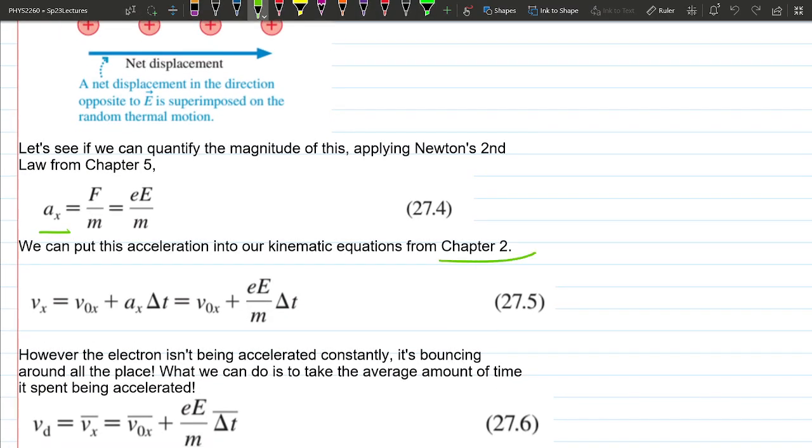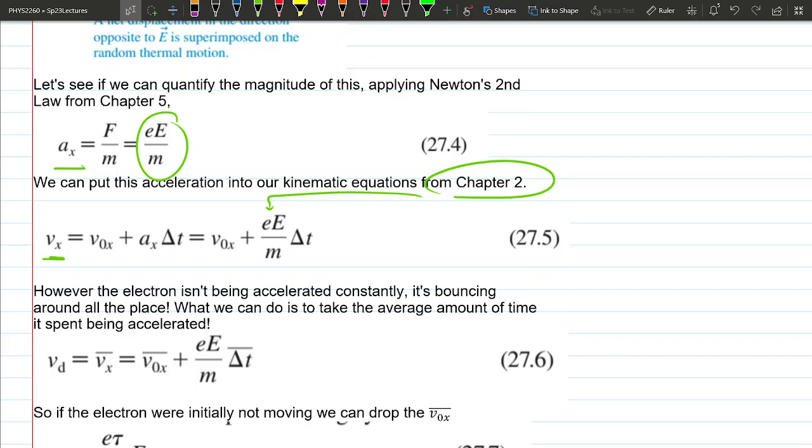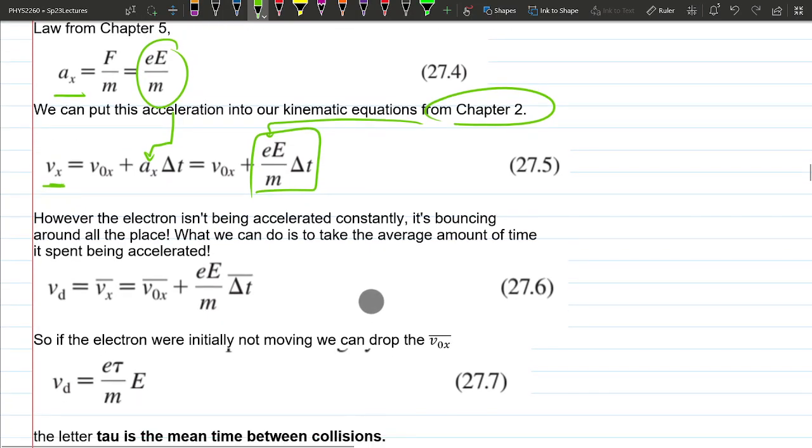And now if we go all the way back to chapter 2 with our kinematic equations, if we have a constant acceleration, we can derive the velocity of our electrons. The velocity is v equal to v naught plus the acceleration times delta t. Acceleration is up here, so the acceleration times delta t is this term here, okay?